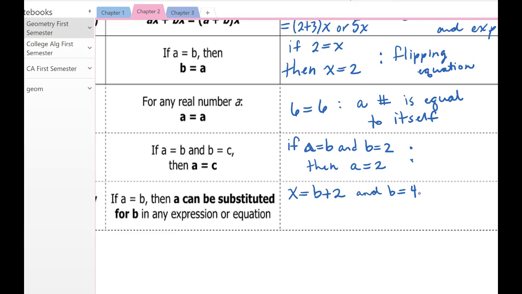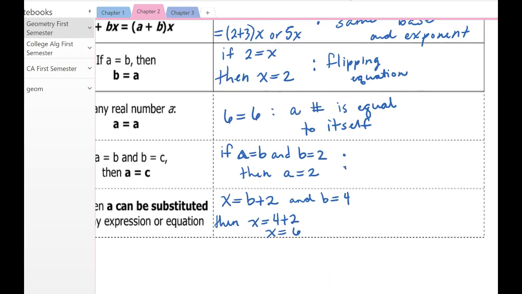Yeah, then you'd plug it in. So then you know that x would equal 4 plus 2. So you could simplify: x would equal 6. So in my opinion, substitution is just replacing a value.